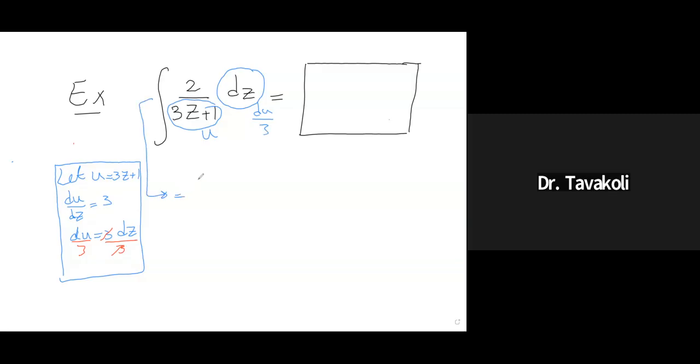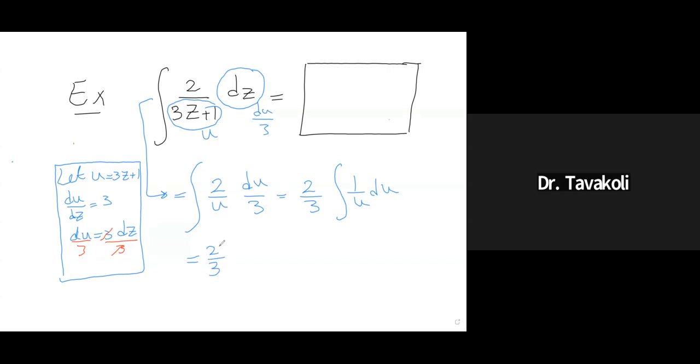So let's see what we have so far. The integral of 2 over u du over 3. 2 and 3 are constants, can be pulled out of the integral, 2/3. And I have the integral of 1 over u du.